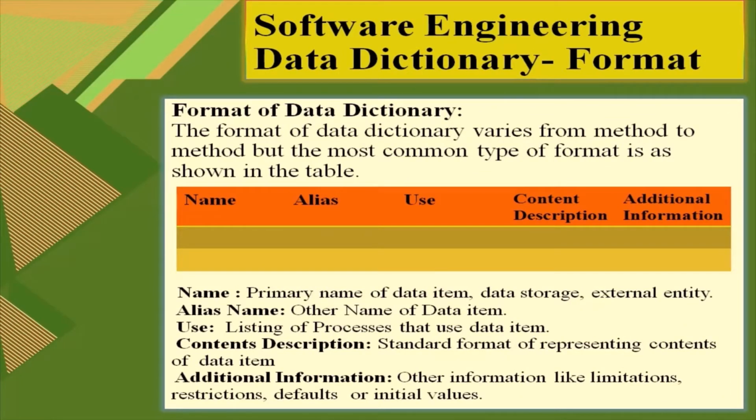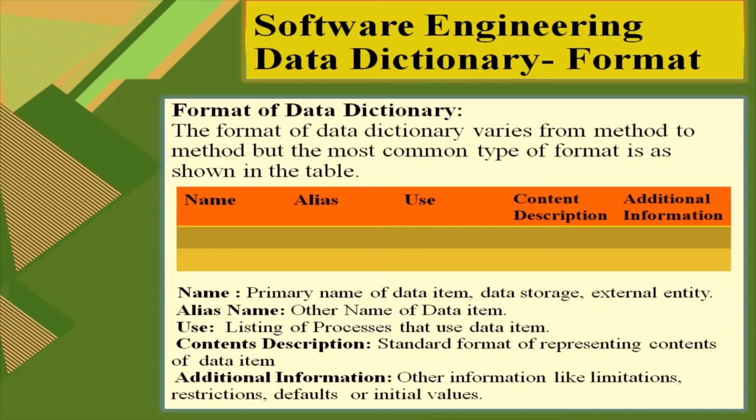Format of data dictionary. The format of data dictionary varies from method to method, but the most common type of format is as shown in the table. The table includes name. Name may be defined as the primary name of data item, data storage, or external entity that are used in the data flow diagram.